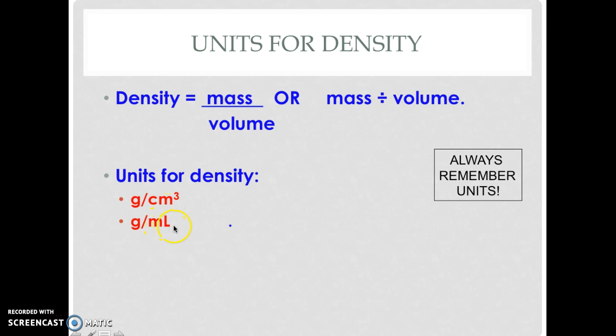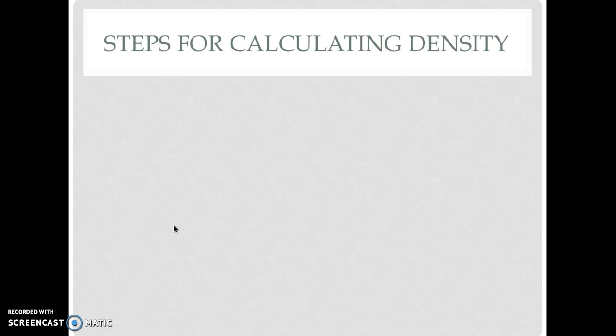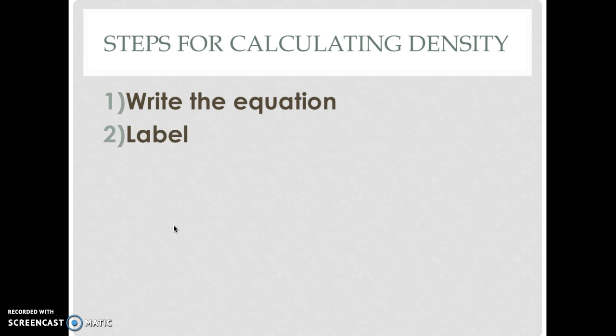If it is ml, that means the object is a liquid or gas, a fluid. Now we will see the steps of calculating density. Step 1: always write the equation, like we got it from our triangle. Step 2: label them. Step 3: plug in and solve it.